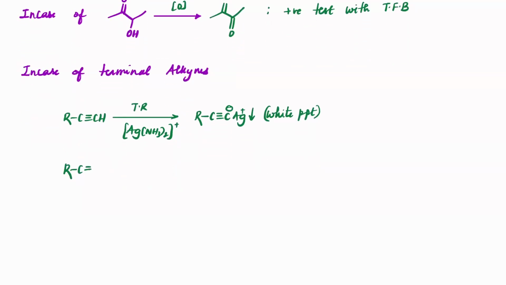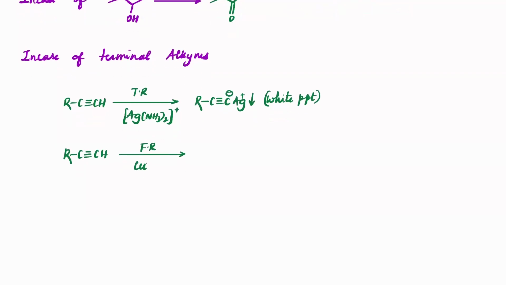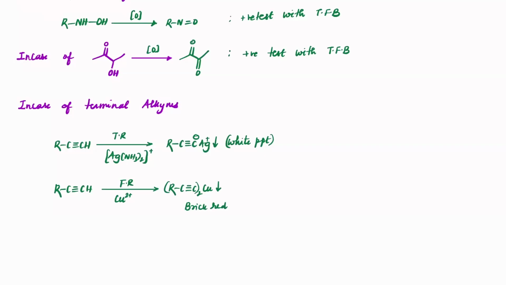And in case of Fehling's solution or Benedict solution, where you have Cu2 plus here, correct? That will convert into RC triple bond C twice copper. So this will be brick red coloration again. So this is also going to give you positive test. Got it?